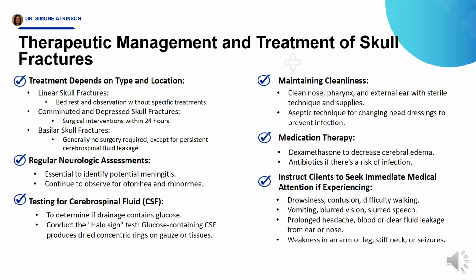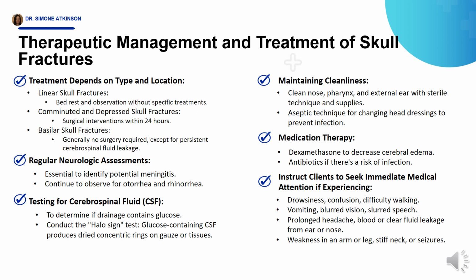However, nevertheless, regular neurologic assessments should be completed to identify potential meningitis, and the nurse must also continue to observe for otorrhea and rhinorrhea. To determine if drainage from the client's ear and sinus contains glucose, a test should be conducted because only cerebrospinal fluid contains glucose, while mucus secretions do not.